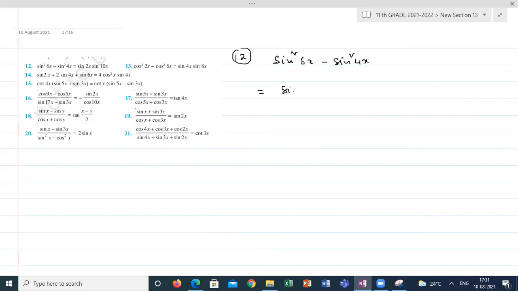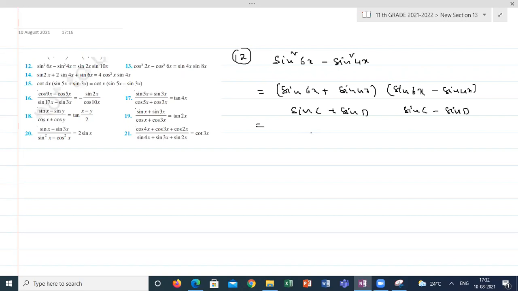I am writing it as sine 6x plus sine 4x into sine 6x minus sine 4x. Is it looking like sine c plus sine d, sine c minus sine d? What is the formula, guys? What is the value of sine c plus sine d?